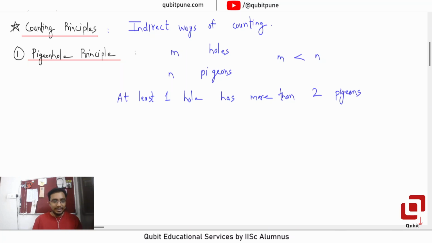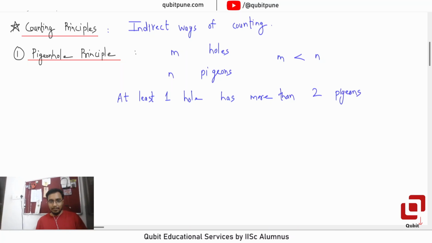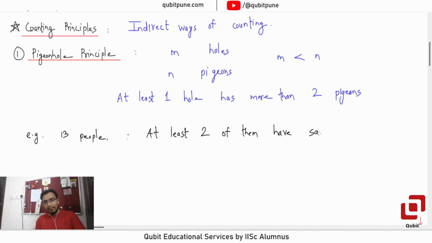Now what are some interesting applications of this? Example first. Suppose there are 13 people in a group. At least two of them will have the same birth month.